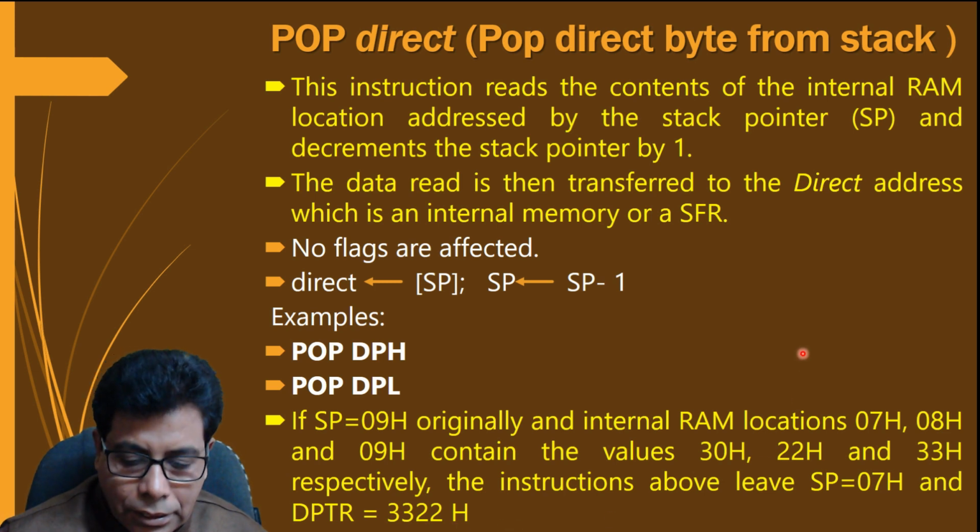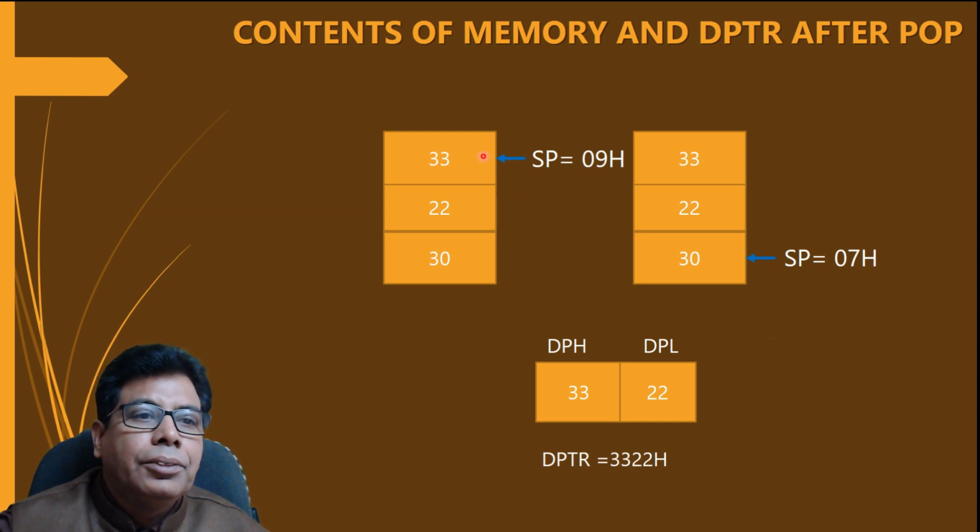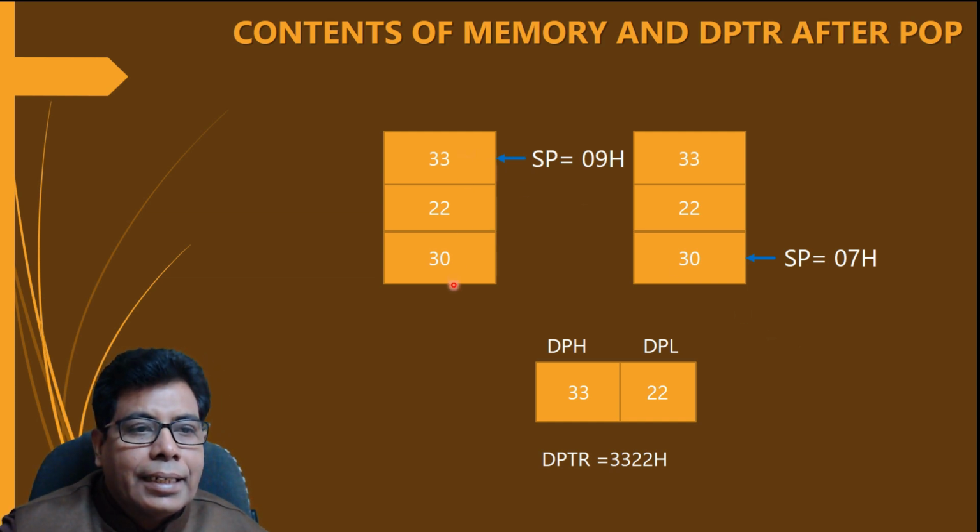Let us see this with the help of a diagram. Here you can see this is the stack memory. The stack pointer is pointing to 09, and this will be memory location 08 and this will be memory location 07. So 07 contains 30, 08 contains 22 and 09 contains 33.